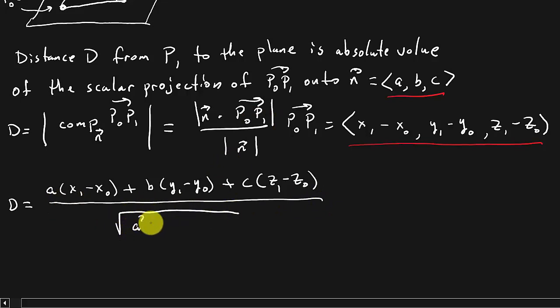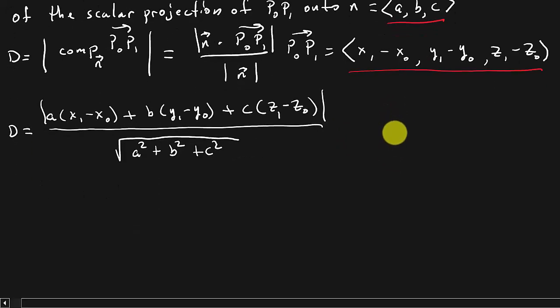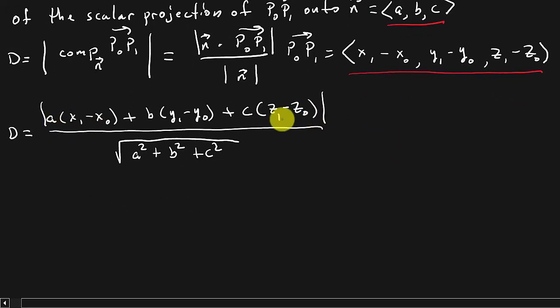That's the square root of A squared plus B squared plus C squared, and it is the absolute value. I'm just going to put it on the numerator, since the denominator is positive. Now let's multiply all of that out.